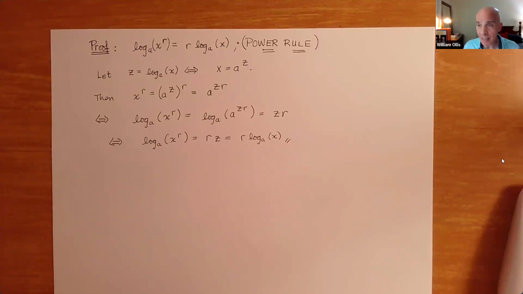Remember, an identity is an equation that is true for all values of the variables for which it is defined. So that opens the door to how we can utilize the base A logarithms very effectively later in the calculus. You might be surprised at some of the interesting calculations we can do.